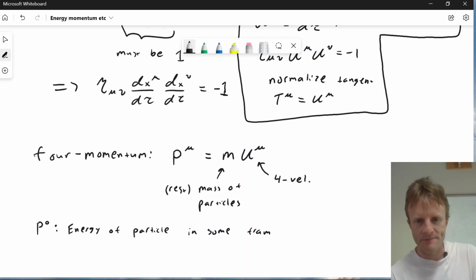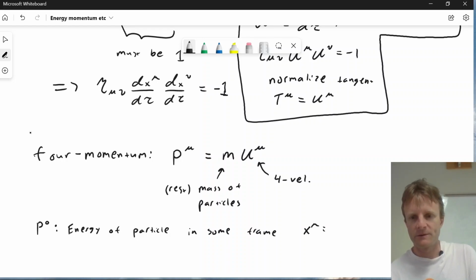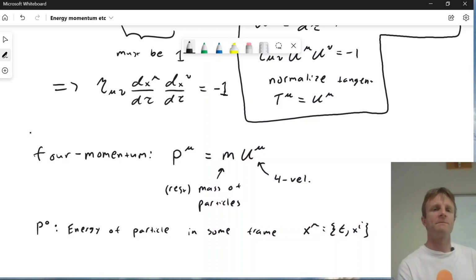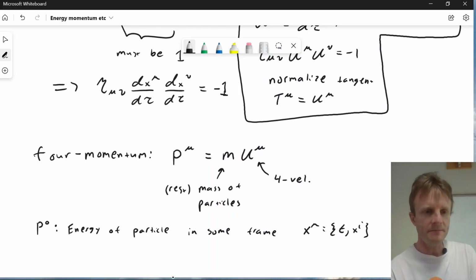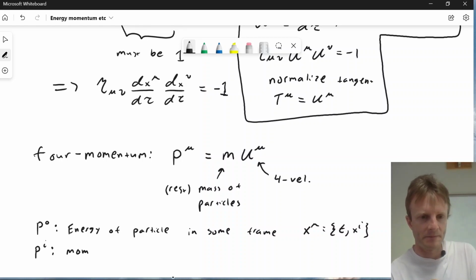So it's frame dependent, right? Some frame x^mu equals (t, x^i). If you get the components of this vector in some frame, the 0 component is the energy, and the spatial components are the momentum of the particle in that frame.